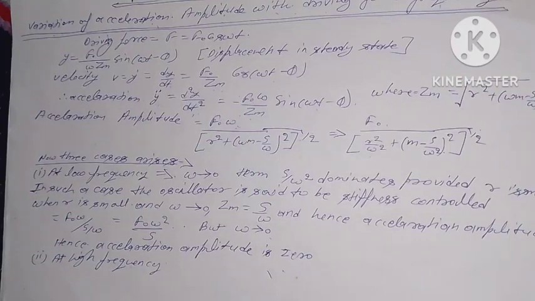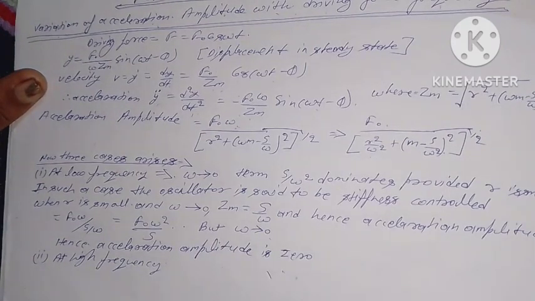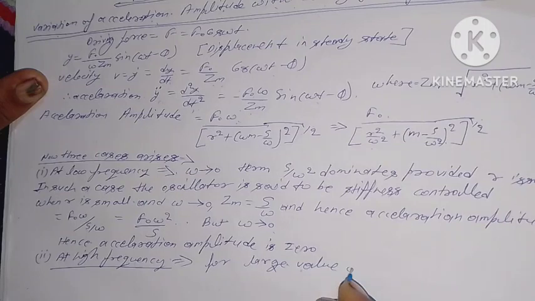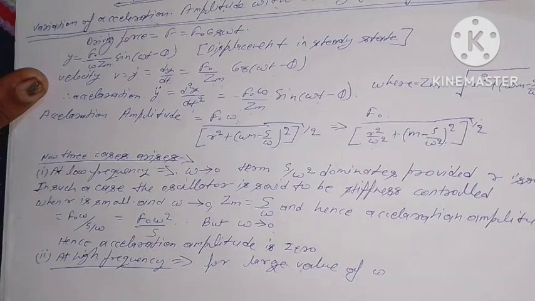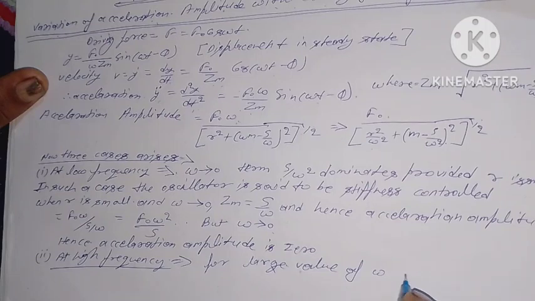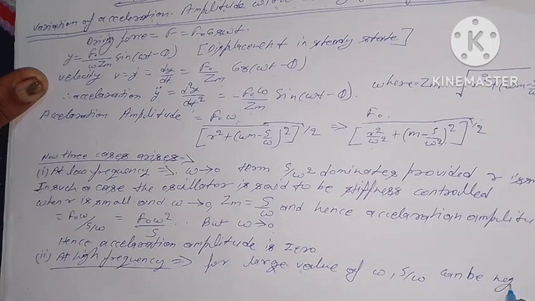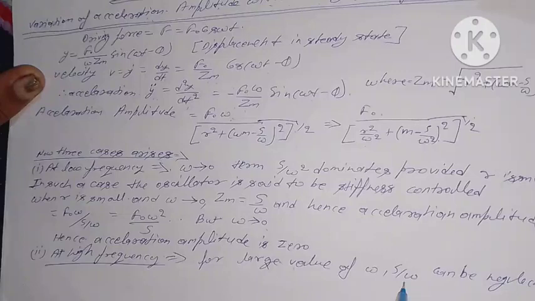And at high frequency, for a large value of omega, s by omega can be neglected as compared to omega, because the value of omega is very high.